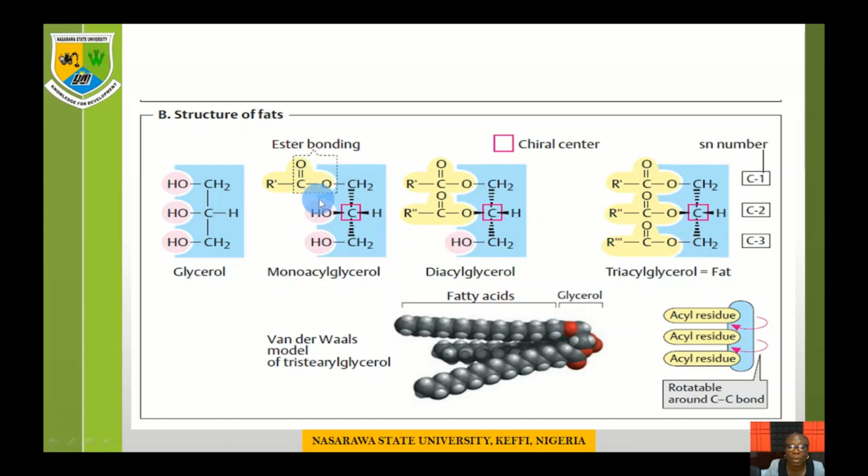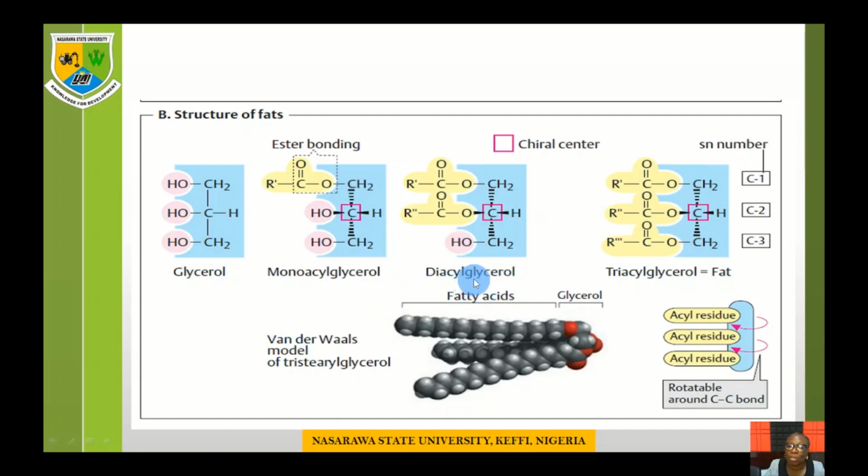So the bond that is formed between a fatty acid and an alcohol is known as an ester bond, ester link. So this is a monoacyl glycerol, that is one fatty acid is esterified at position number 1 to the glycerol.